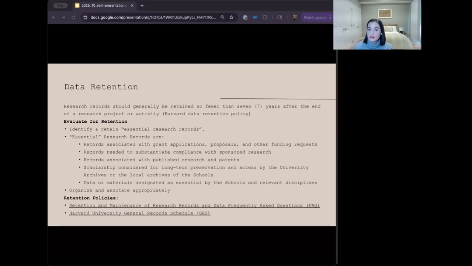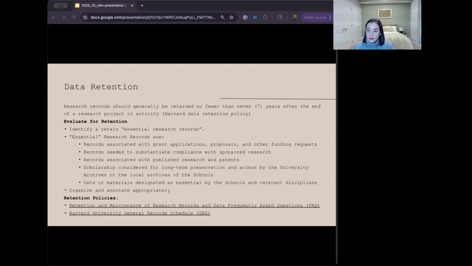You also have requirements from agencies like the IRB, or you might have to consider intellectual property rights, human subjects data. So there are all these factors that might affect retention periods. However, like I mentioned, data retention policies here at Harvard only apply to quote unquote essential research data and records.